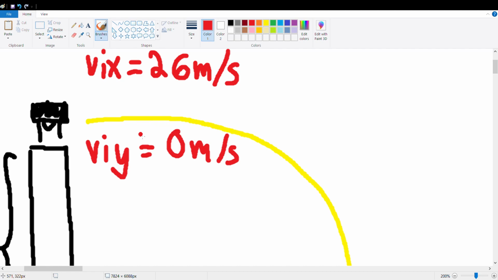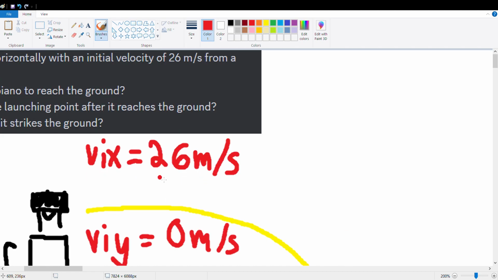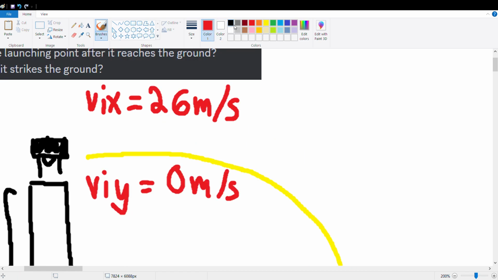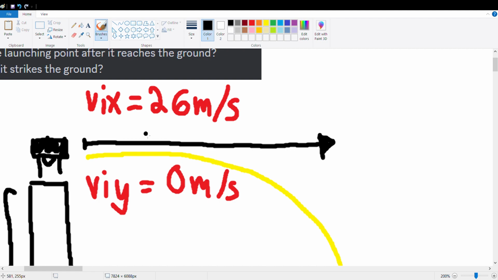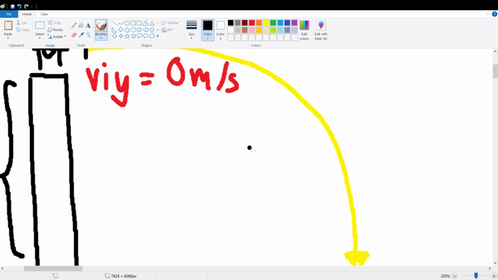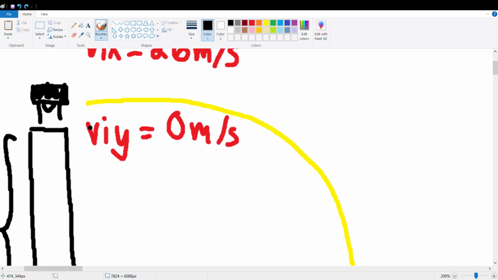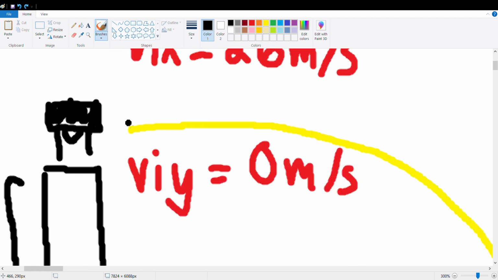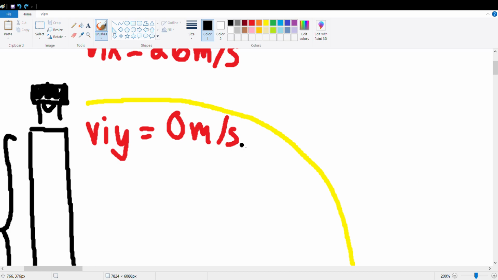Basically the reason why it's 26 meters is because it's going from here to here, and VIY, if you think of it as this, if this is the peak and then it's going down, then VIY should be 0 because the peak is always 0.